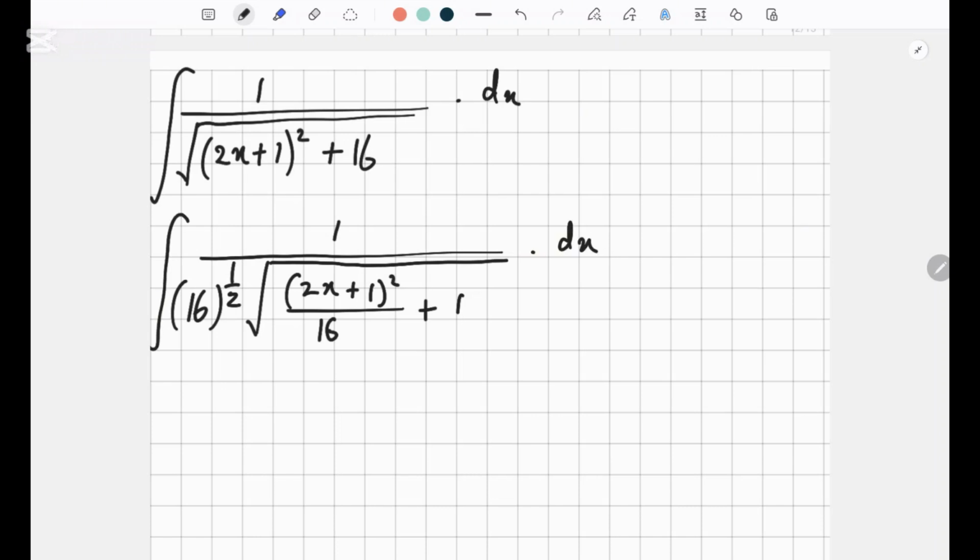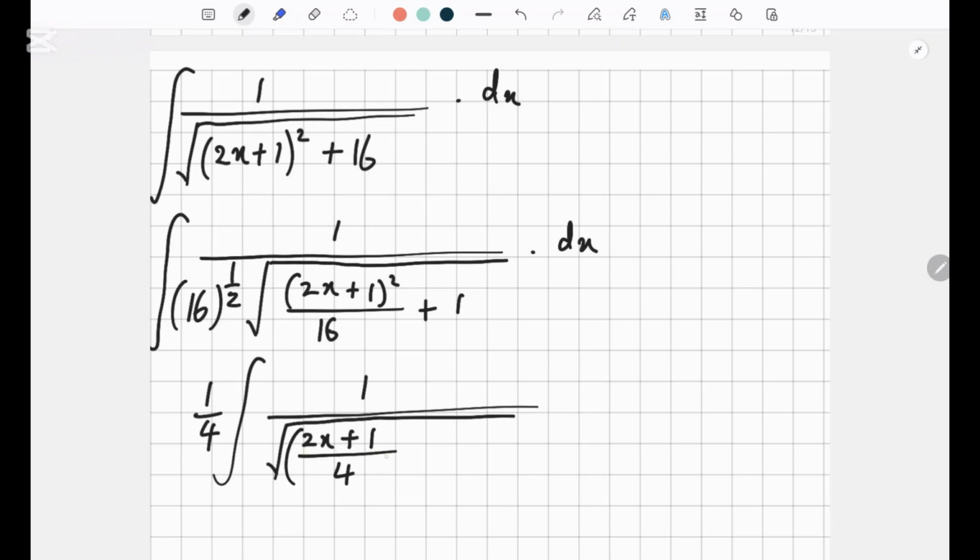So 16 to the power half is 4, so I'll take 1 over 4 out, and I can rewrite this as ((2x + 1)/4) in brackets squared. If you expand the brackets, you get (2x + 1)² over 16.